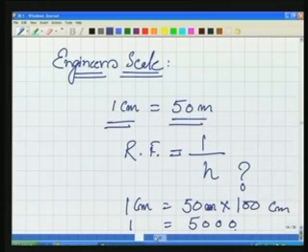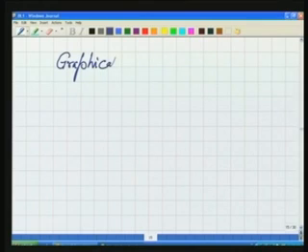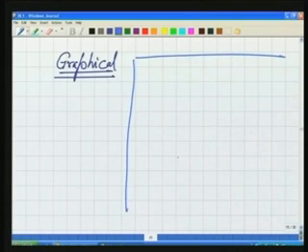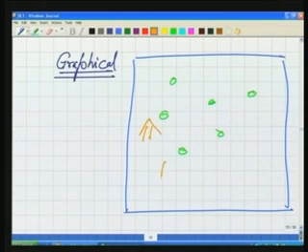There is one more way of writing the scale, that is called the graphical scale. Well, what is the graphical scale? If you are making a map, let us say this is the map, and in this map we have plotted some details. There on the map itself, we plot our graphical scale.